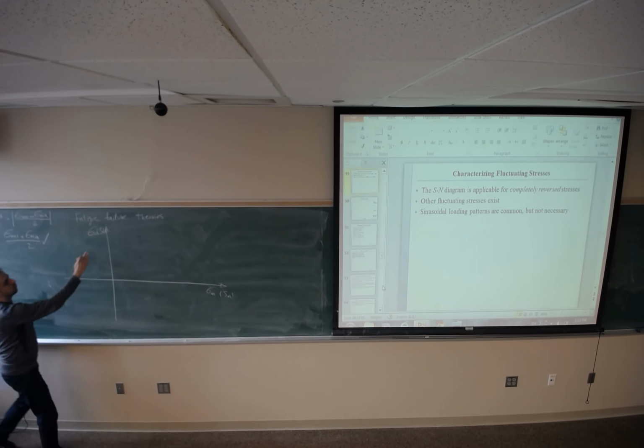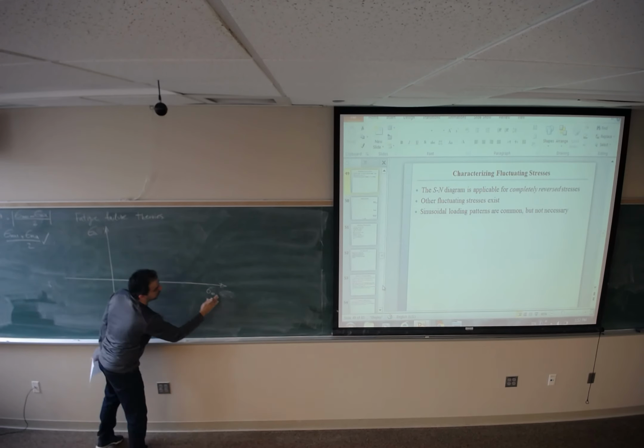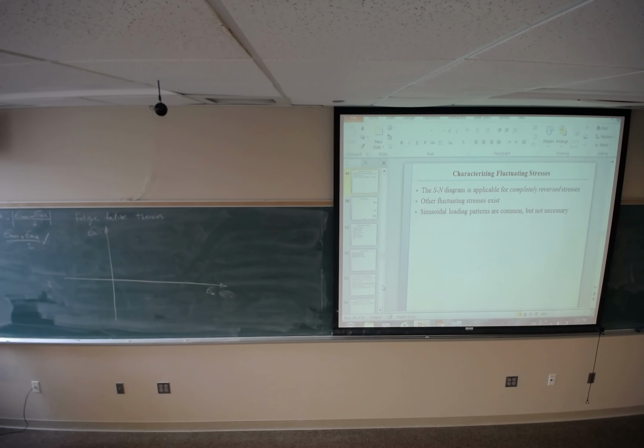For now, I'm going to use only sigma a and sigma m, but later on you will see we end up with Sm and Sa. The first theory that I would like to talk about is the modified Goodman theory, or sometimes they call it Goodman theory.